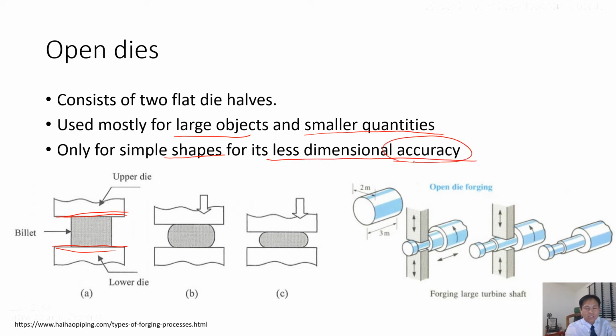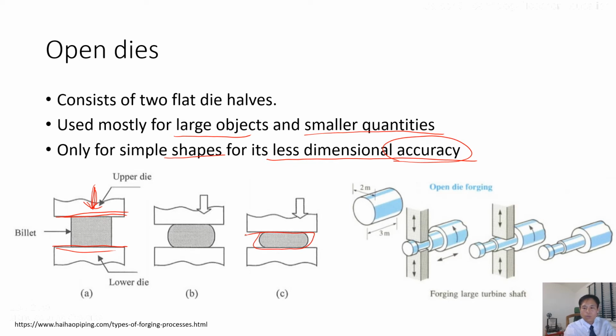The accuracy is determined by the force of the upper die or lower die pushing. That depends on the force of the upper die. So this is only for simple shapes like this shape.